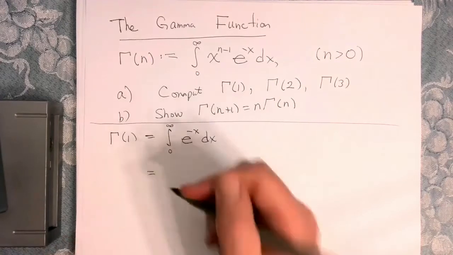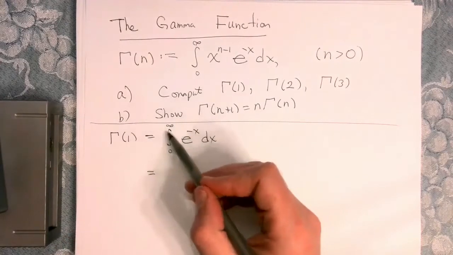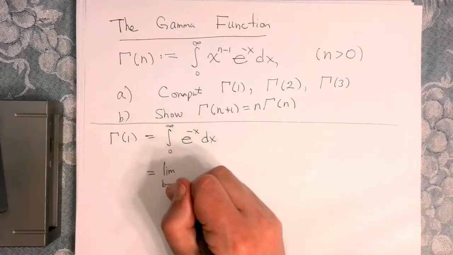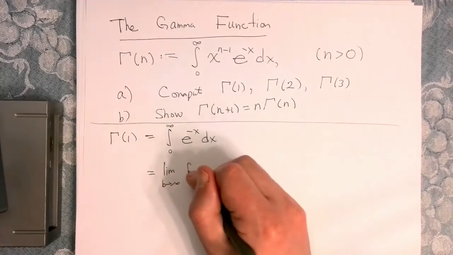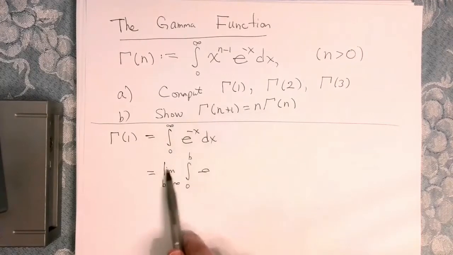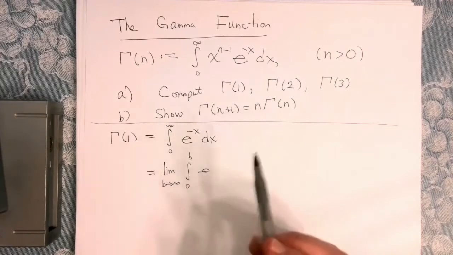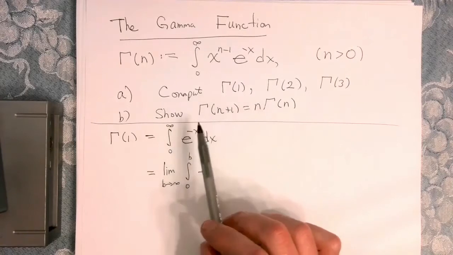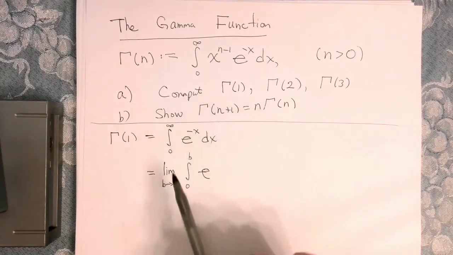And remember, in calculus, we tame the infinite in a sense with limits. So this is exactly the limit as b goes to infinity of the integral from 0 to b. That's really what we mean by this. I know some people will plug in infinity, but really, this is how we deal with the infinite here with limits.